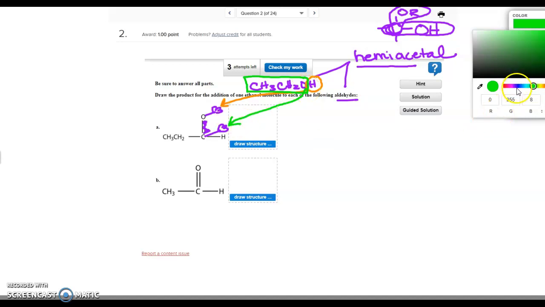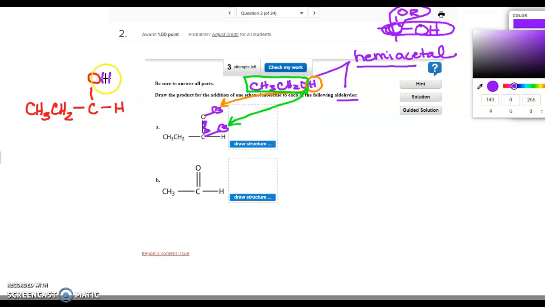So let's redraw our structure. We're going to have CH3, CH2, carbon, hydrogen. That's all the original stuff we had. We're going to have a single bond to the oxygen instead. And I'm going to change my colors just to keep an eye on what we added.